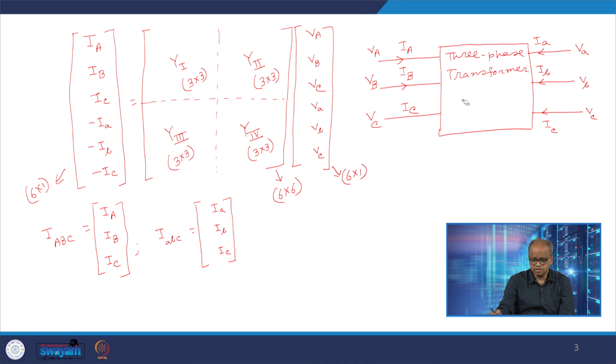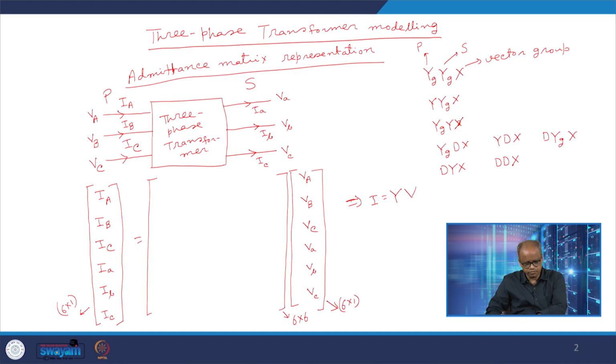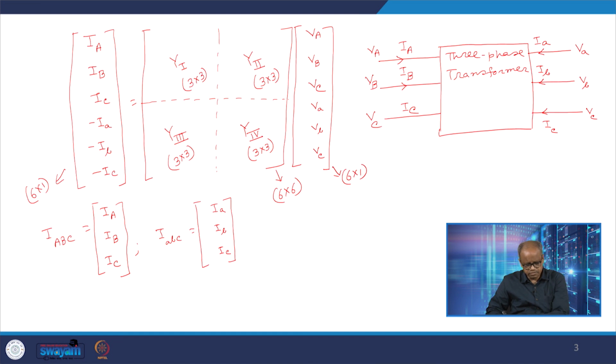For this particular circuit representation of the 3-phase transformer, this would be the vector IA, IB, IC. On the other hand, if our circuit representation of the transformer is this, then this vector would be essentially minus IA, minus IB and minus IC. So we must be clear in our mind what kind of pictorial representation we are talking about and what the corresponding vector is.